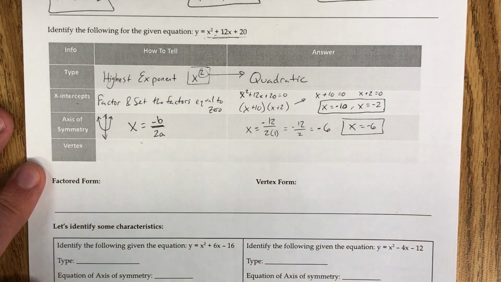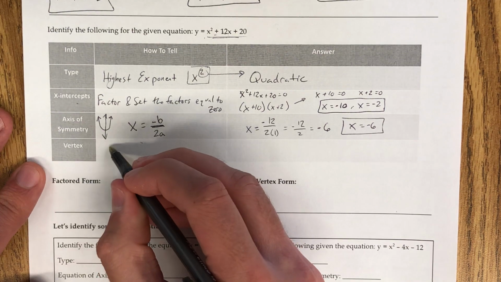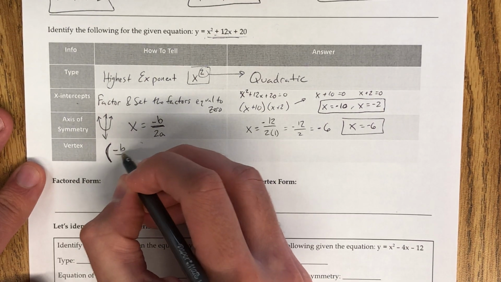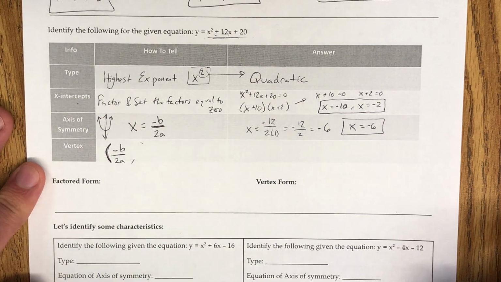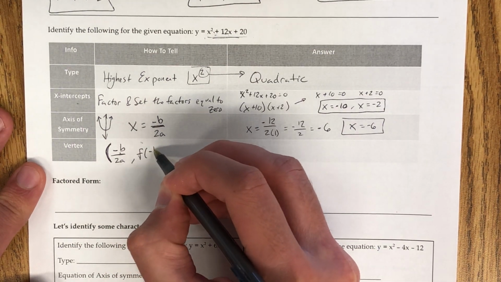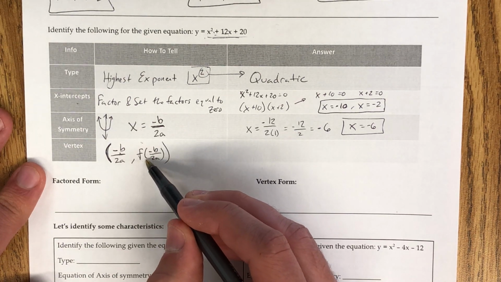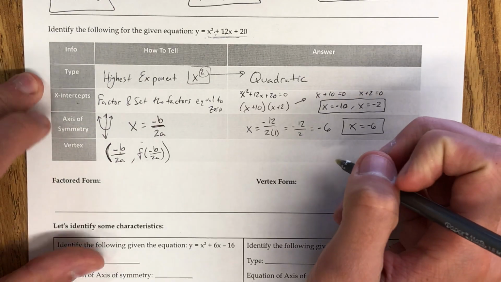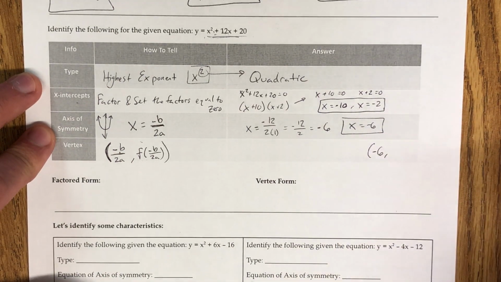The way we find our vertex, remember the vertex and axis of symmetry have that same x value. So the x value of our vertex is always going to be -b over 2a. The way we determine the y value is by plugging that in. So we can call that f of -b over 2a. This just means you plug in -b over 2a for x. So like in this problem, we have -6 as our x value for the vertex.